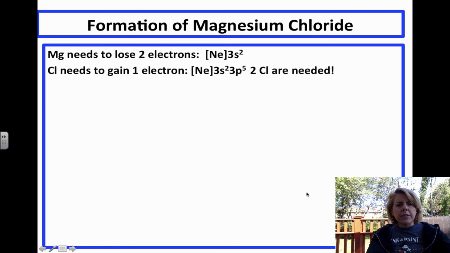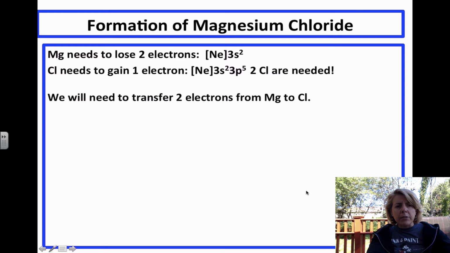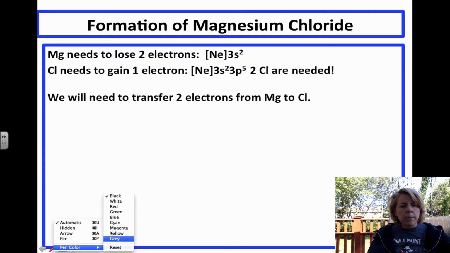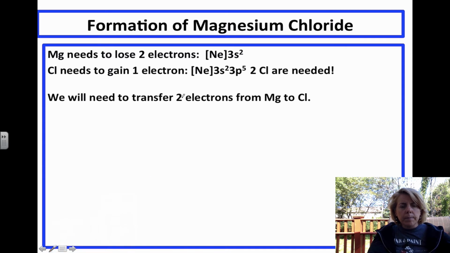Here's an example of magnesium bonding to chlorine. For that to happen, we need 2 electrons from magnesium, but only 1 electron can go to chlorine. Because of that, we need to have 2 chlorines.